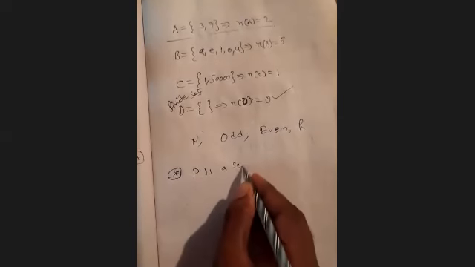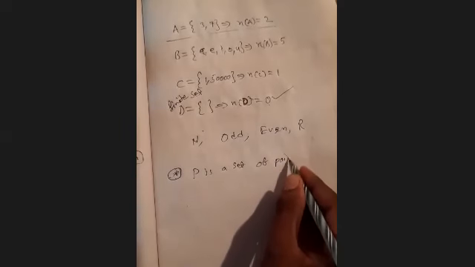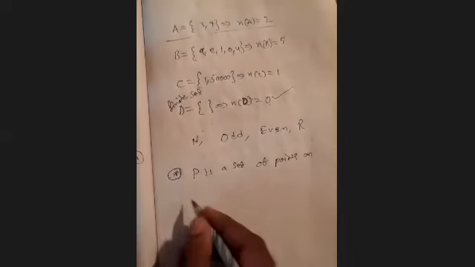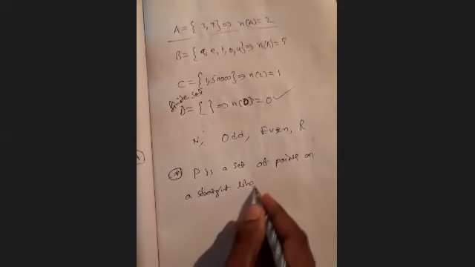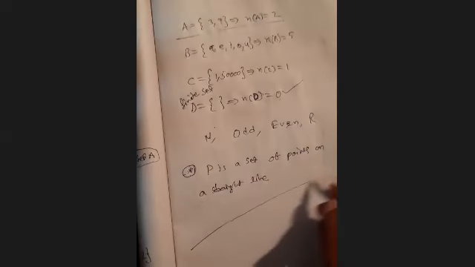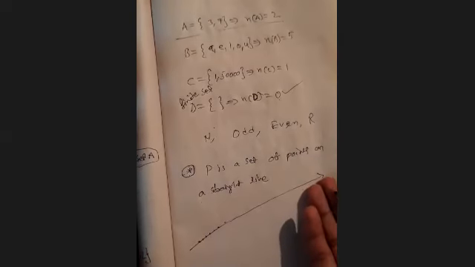Let P be a set of points on a straight line. Is this finite or infinite? Infinite. Why? Because on every line there exist infinite points. Why? Because there is no ending. The line has no ending and no starting.